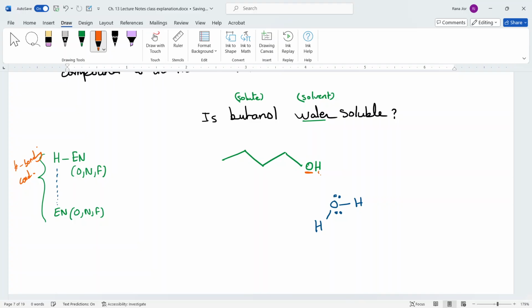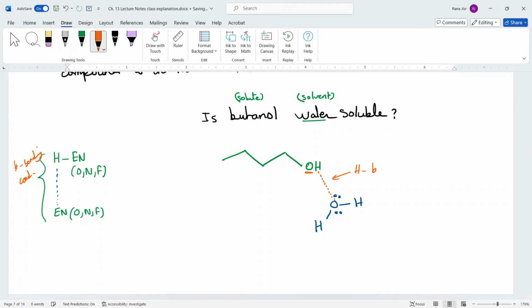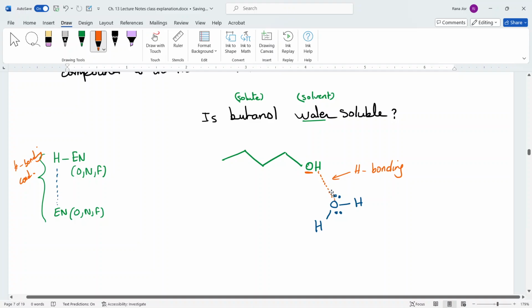And then this hydrogen is going to interact with an electronegative element of the solvent, which is the oxygen in this case. So this is going to be my hydrogen bonding. And it is not a bond. This is an interaction, and this interaction increases the solubility between the solute and the solvent. So here, yes, I do have hydrogen bonding.